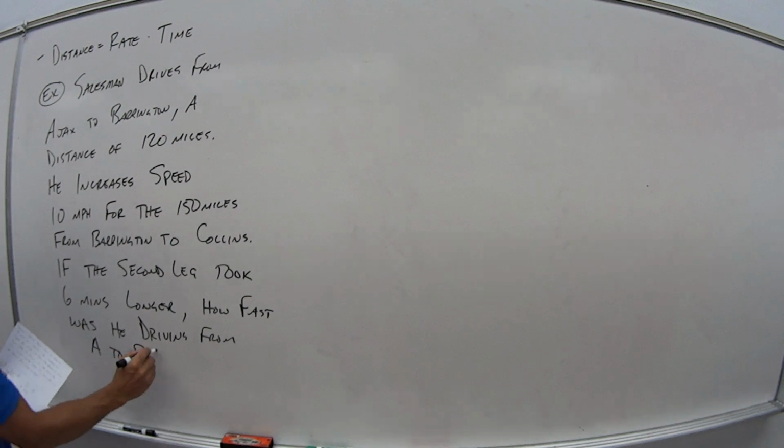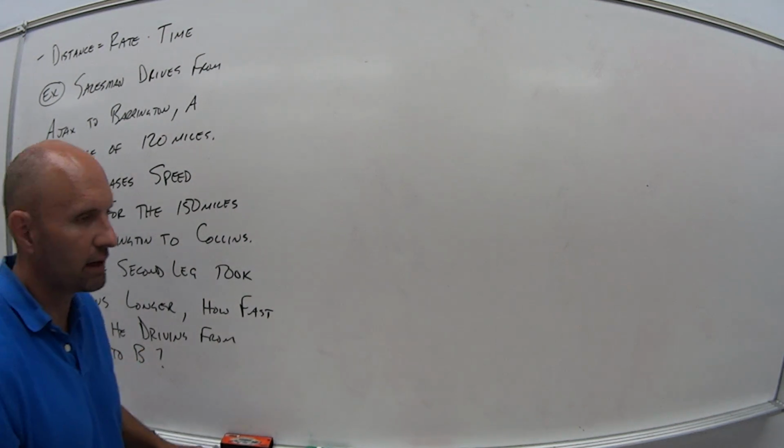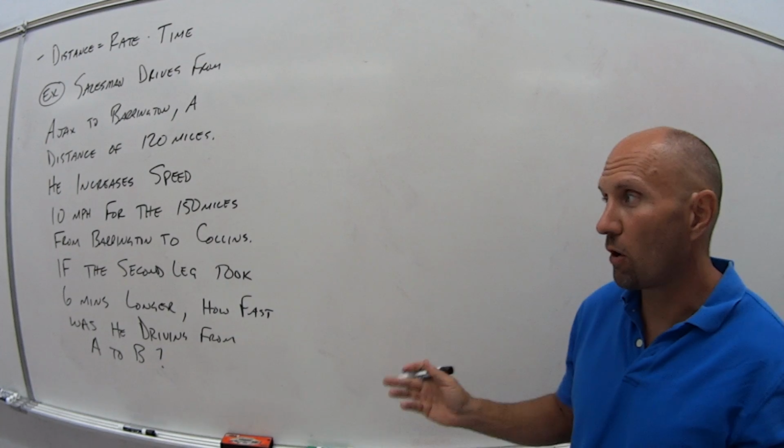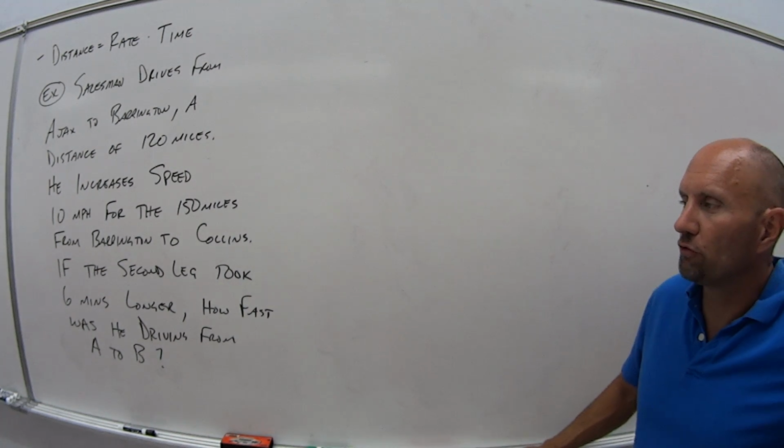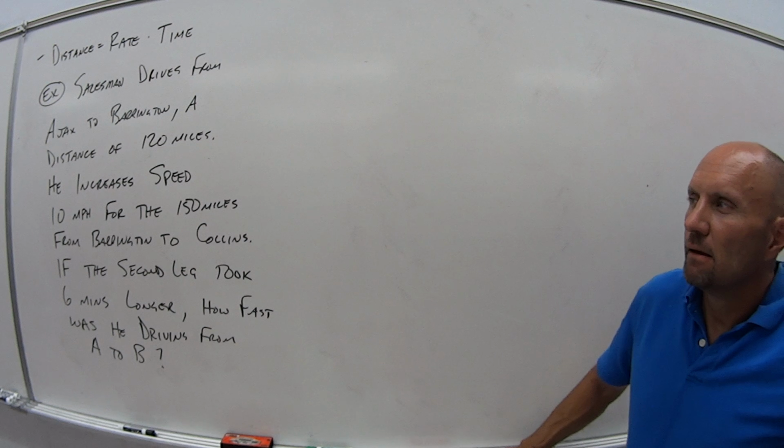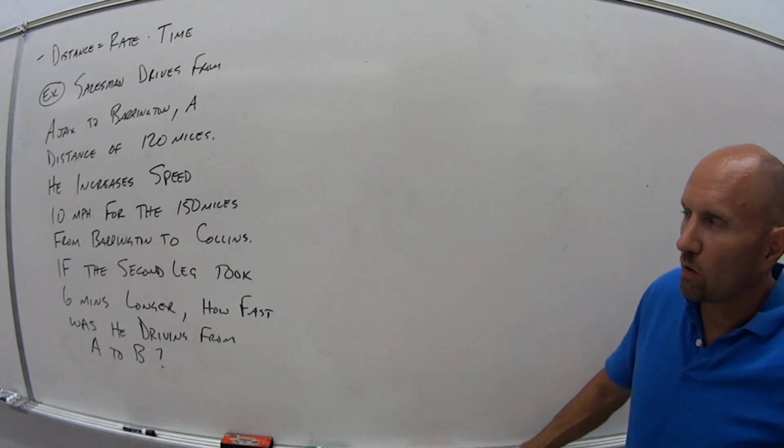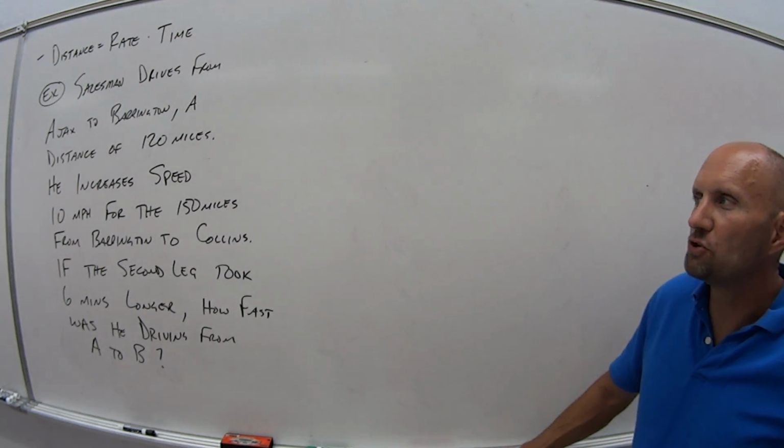So I'm just going to call it A to B, save ourselves some writing here in ink. Go ahead and hit pause if you need to catch up on the writing, and then we'll start working this.